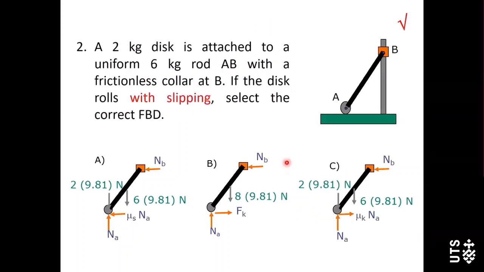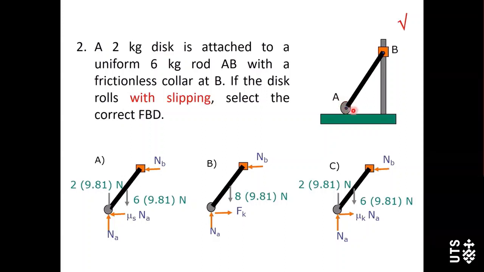Okay, another quiz problem. This time, the disc rolls with slipping.